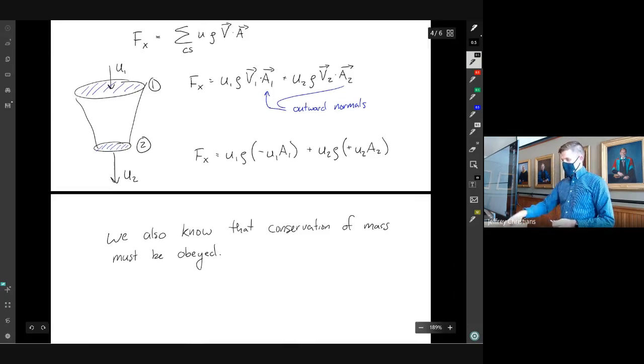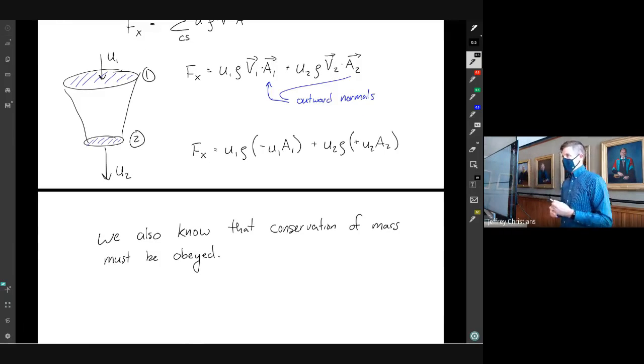These two equations go together hand in hand in problems. So we have to obey F equals ma. We also have to obey conservation of mass. Conservation of mass is what's going to relate our inlet flow rate to our outlet flow rate.